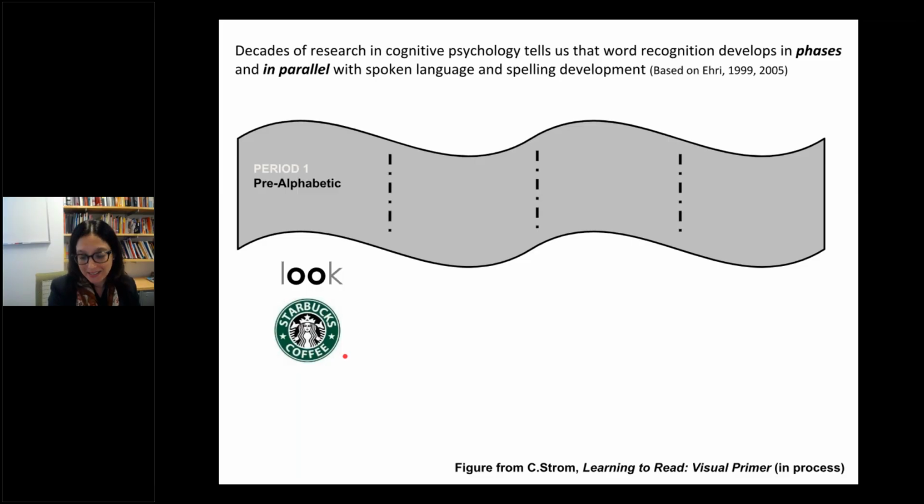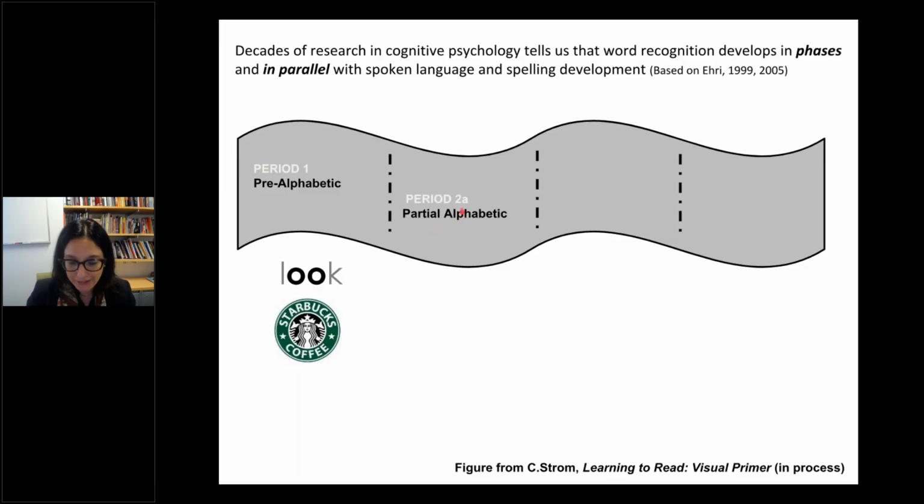So in this situation, it was a great sign that he understood that this green circle meant something other than a green circle. It meant coffee, it meant somewhere you go, but he wasn't actually reading. He was in the pre-alphabetic period, which is essential, right? It's essential to be in this period where you recognize that these symbols carry meaning, but we really want to move kids to the alphabetic period.